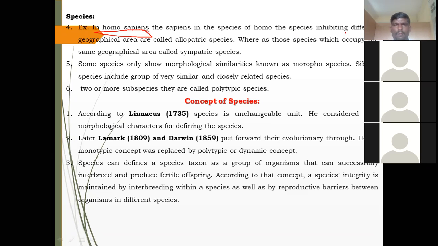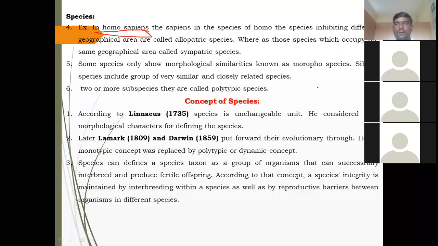Particular geographical areas, for example Maharashtrian, Kashmiri, then South India, all belong to Homo sapiens. सगळे ह्युमन बिंगच आहेत, परंतु they show some characteristics regarding their geographical areas, that is called allopatric species.